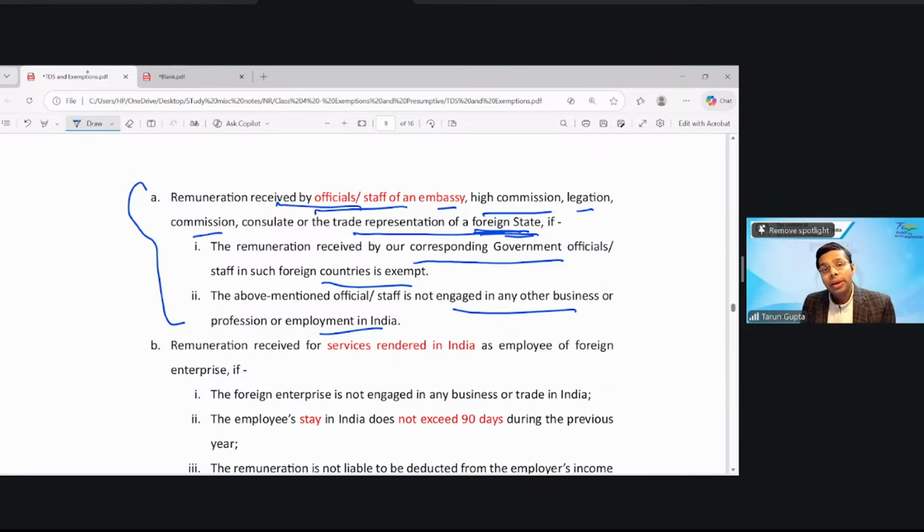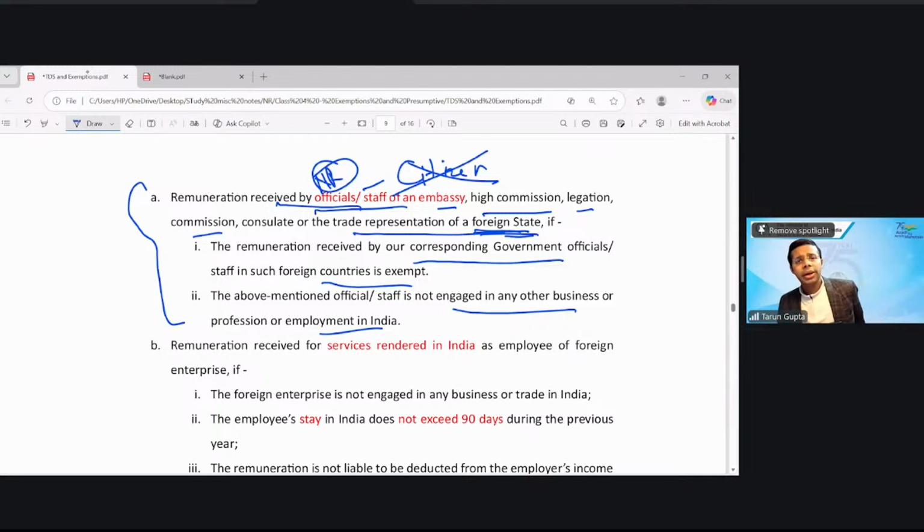See, the requirement is that this staff should not be a citizen of India. There is no requirement that this staff should also be a non-resident. Because this person is staying in India throughout as an employee of the embassy, he most probably would qualify as resident.